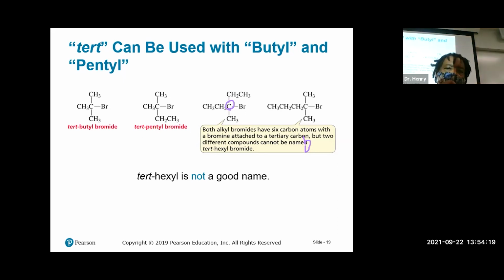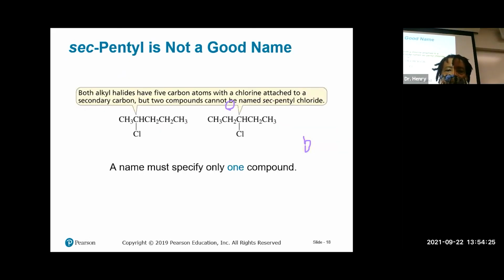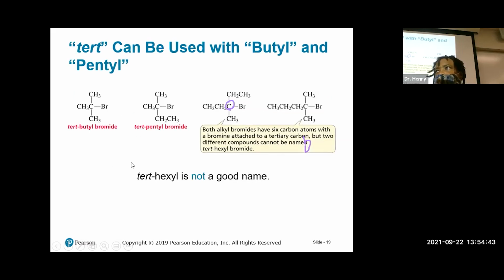If we go back to sec, that's the same thing that's happening in the case of the sec, right? So both of these are examples of a secondary carbon, right? Because you still have that hydrogen, you have carbon and it's attached to a hydrocarbon and it's attached to a hydrocarbon, and then you have that functional group coming off of it.